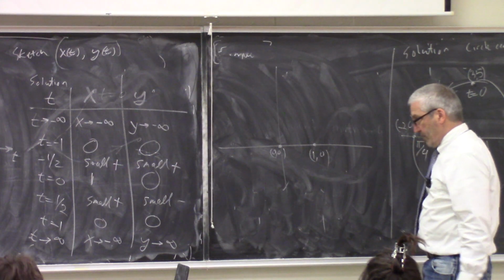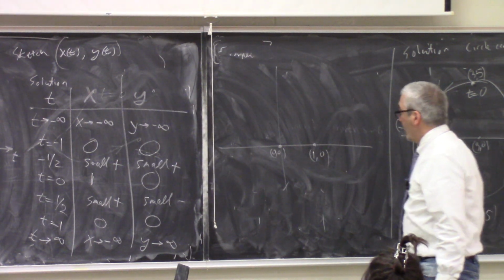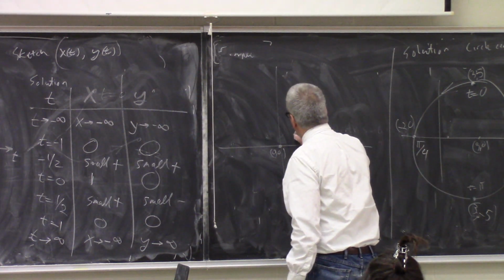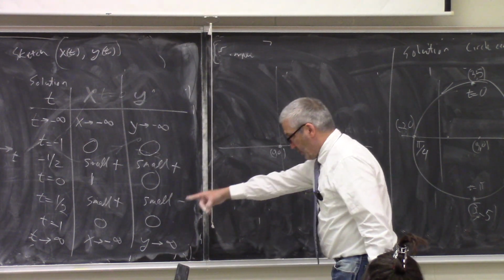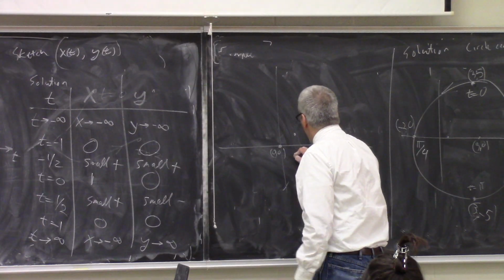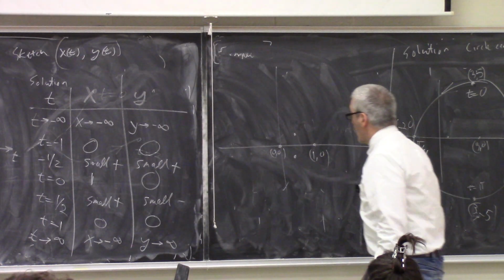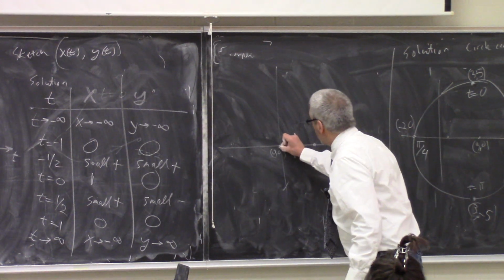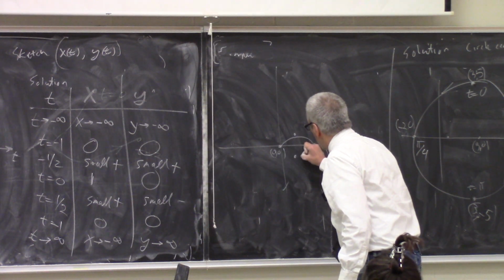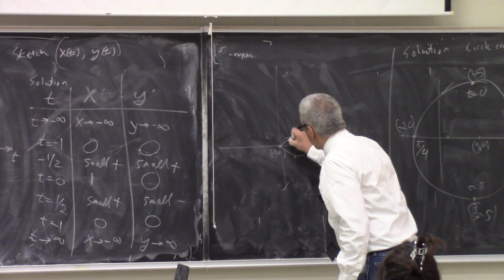That's it for the easy points. But we do know we have a point where x and y are both small and positive. And we have a point where x is small and positive and y is small and negative. Okay. And we're transiting around this little loop this way. We're going around this loop like this.